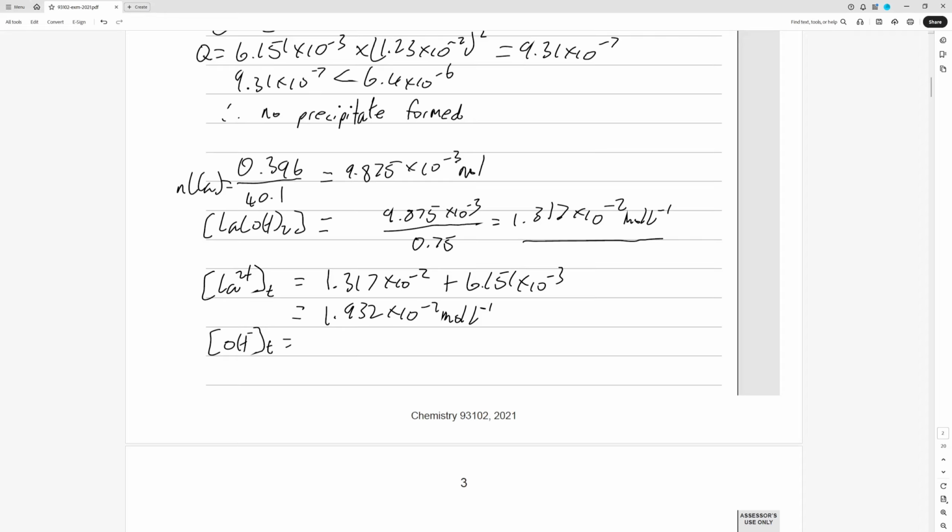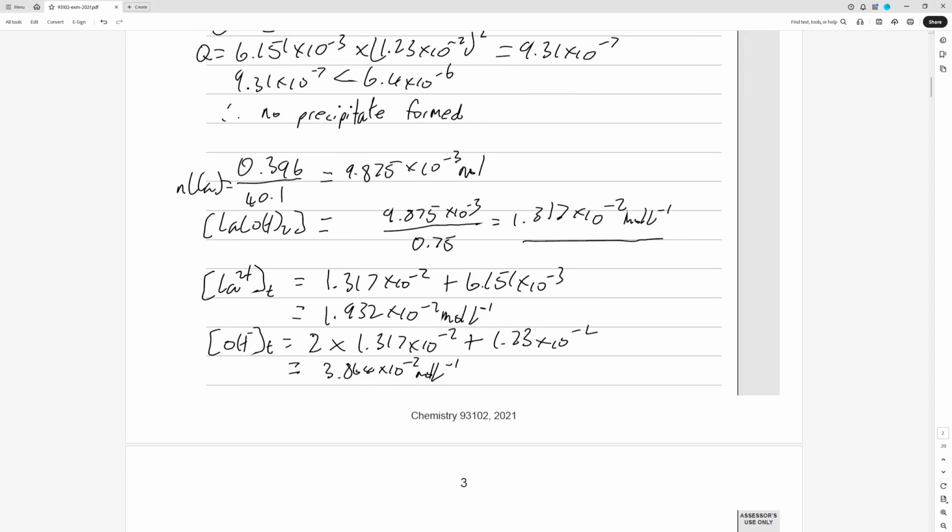So that's going to be 2 times 1.317 times 10 to the power of negative 2 plus 1.23 times 10 to the power of negative 2, and that gives us 3.864 times 10 to the power of negative 2 moles per liter.